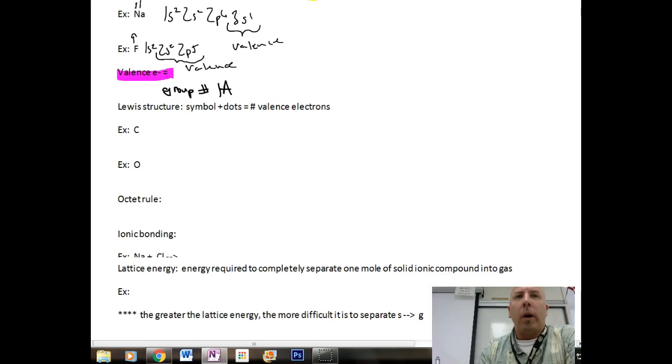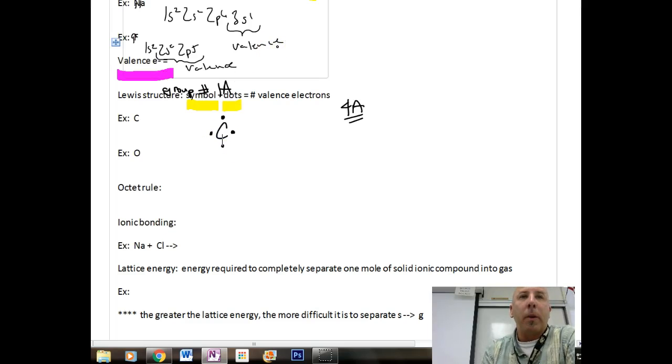And so as we remember from general chemistry, when we draw Lewis structures, we have our symbol and then we have dots placed around our symbol, and those are equal to the number of valence electrons an element has. For example, carbon. Carbon is in column 4A, and so carbon has 4 valence electrons. So we would draw them 1, 2, 3, 4, and that would be the Lewis structure for carbon.